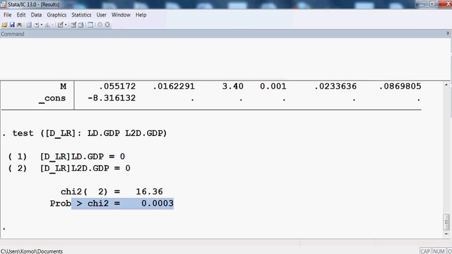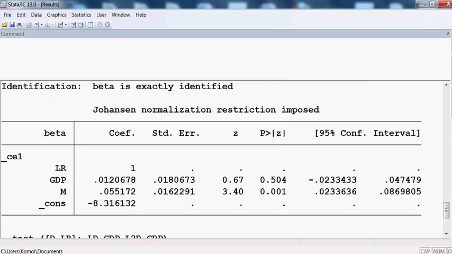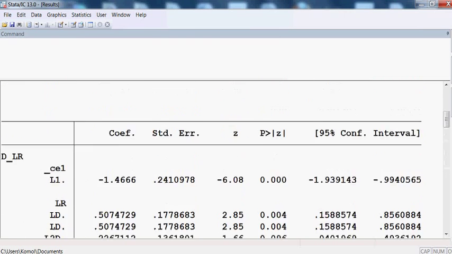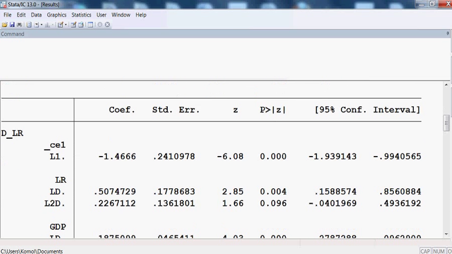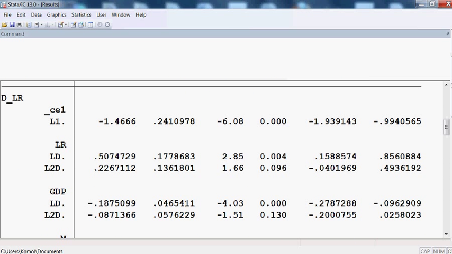And it is chi-square, and it is the probability. So here we can see that we can reject the null hypothesis, meaning that they are not 0, because 0 is our null hypothesis, right? They are not 0, meaning that LD and L2D are not 0, meaning that GDP can cause LR, right?